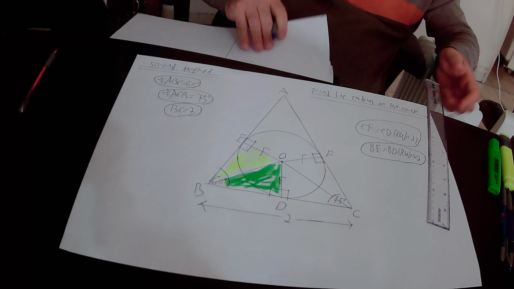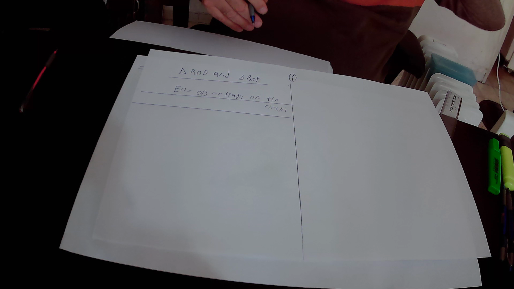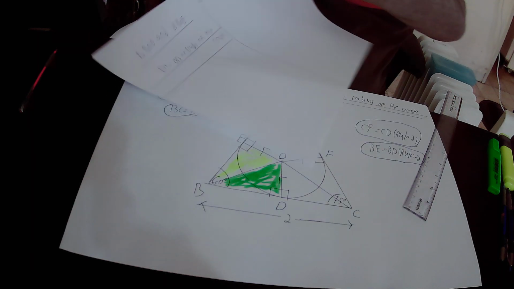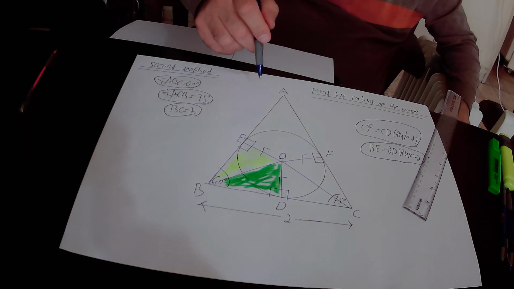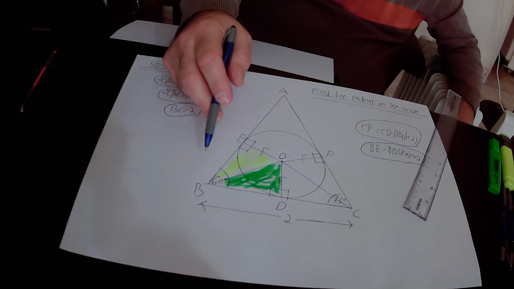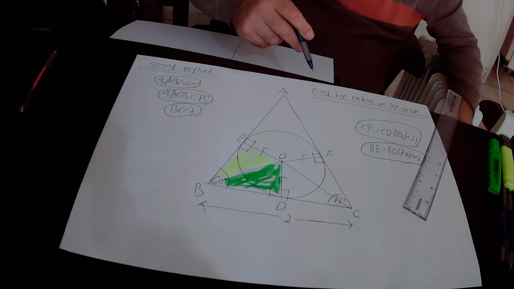Repeat again. EO equals OD because they are both the radii of the circle, therefore they are equal to each other. In addition, side EB of the yellow triangle equals side BD of the green triangle according to rule number 2.